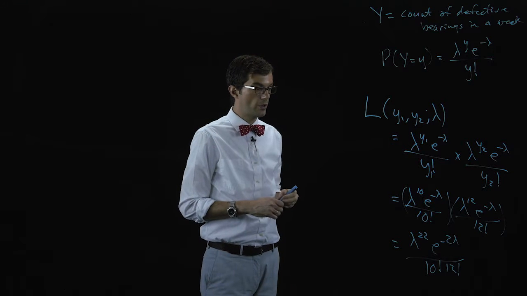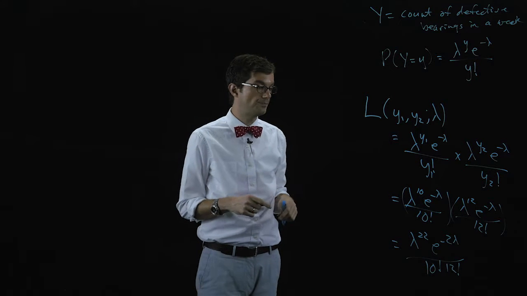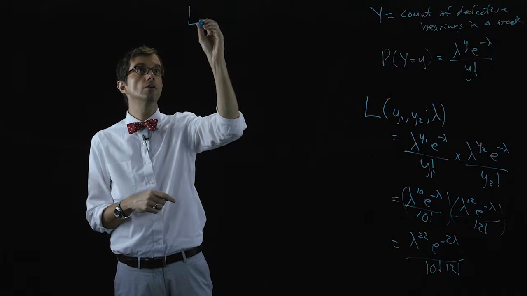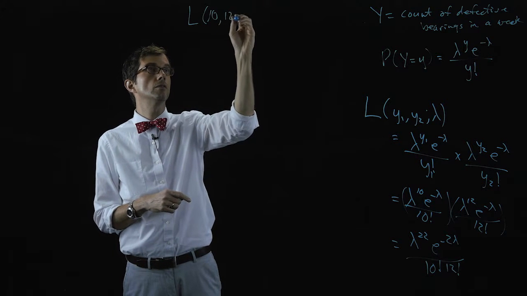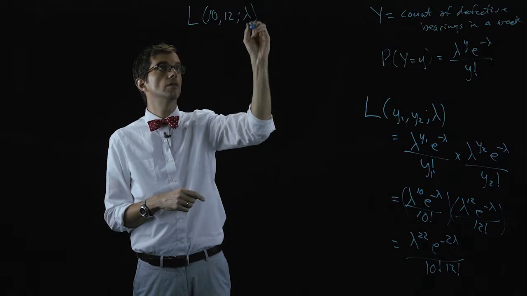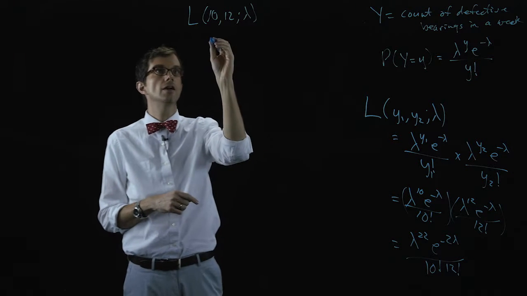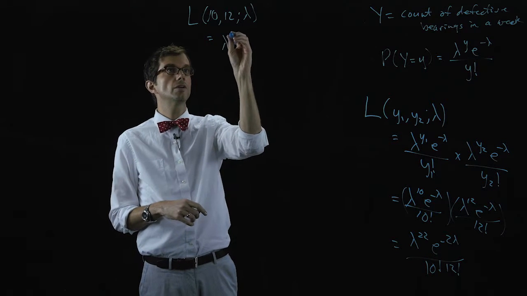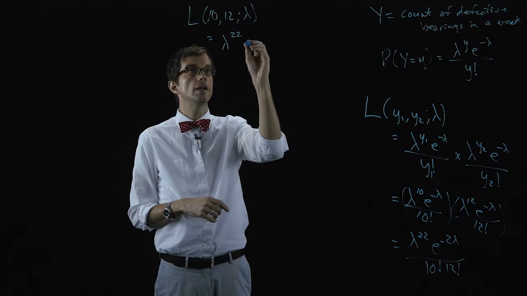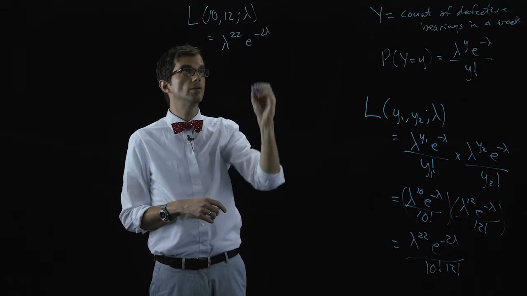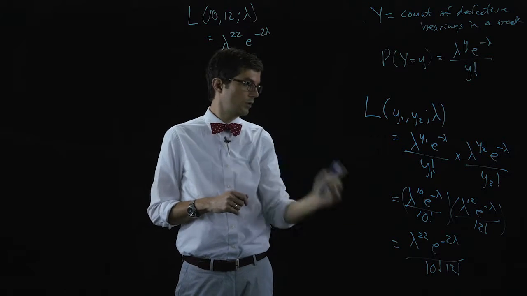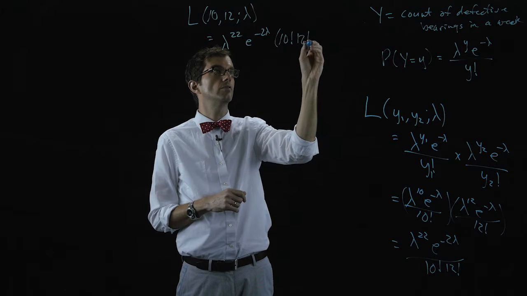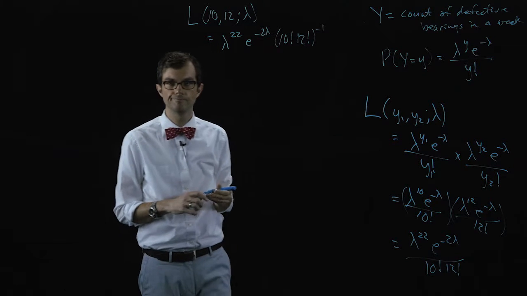So what do we want to do here? First, let's take the natural log. Let's rewrite this likelihood function like this, to just make it a little easier to look at. It's lambda to the 22, e to the minus 2 lambda, times 10 factorial, 12 factorial, to the negative 1.